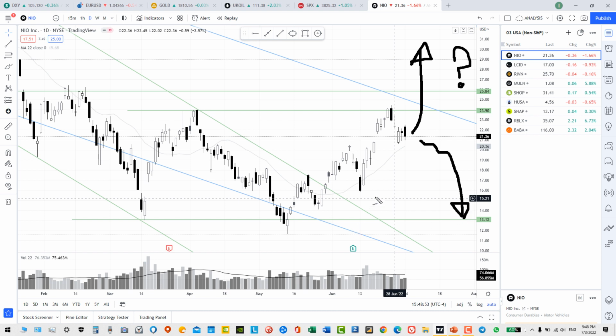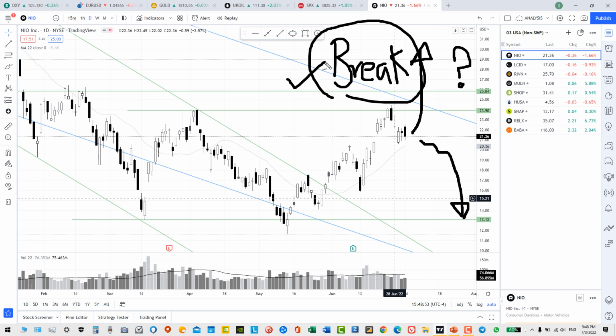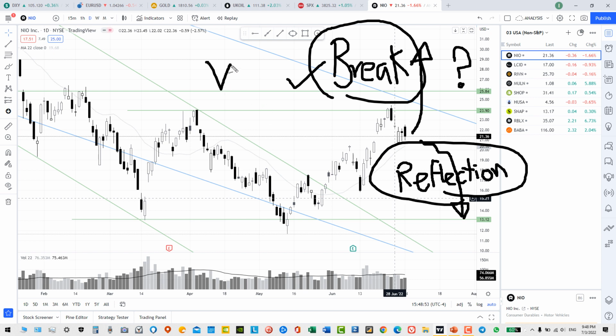What we are waiting for now is either a break above the mentioned resistance, then we will be bullish, or a reflection from the resistances, then we will be considered bearish. Here we will do virtual trading on the buyer side, but here we will do virtual trading on the seller side.